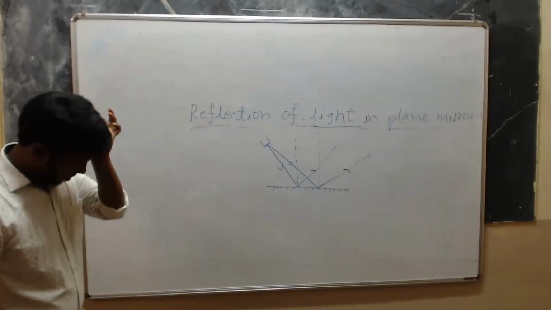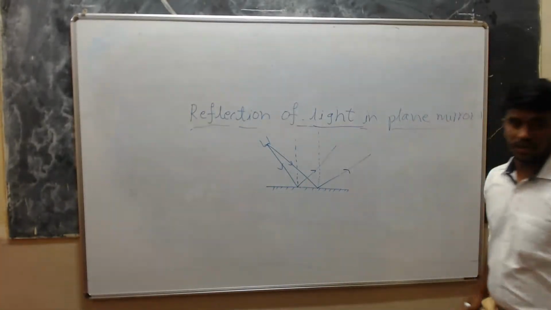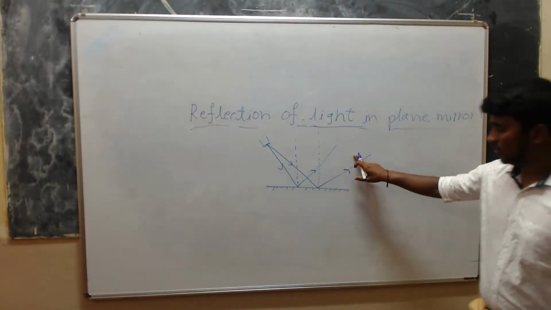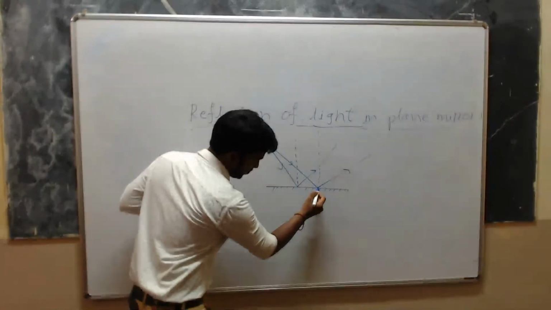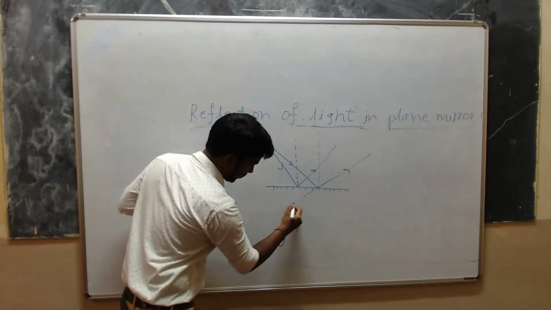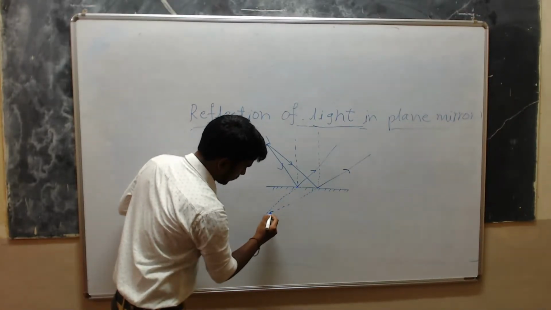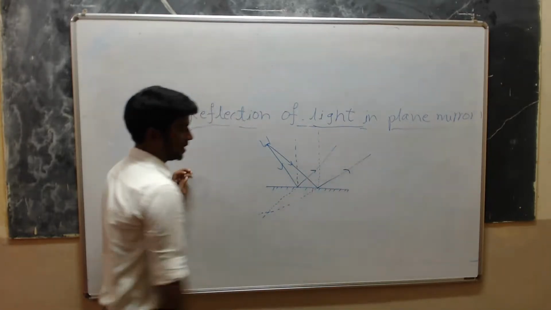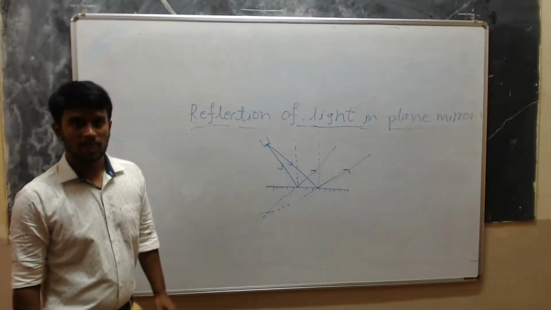See here, after reflection, these two rays never meet. But just observe behind the mirror; try to extend these lines. See, these two reflected rays are virtually meeting behind the mirror.